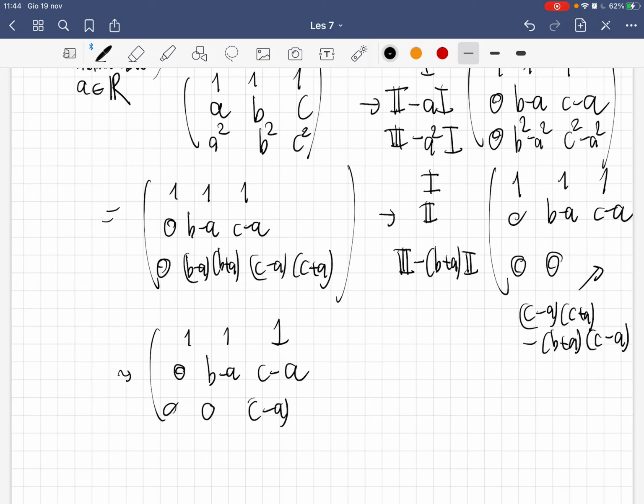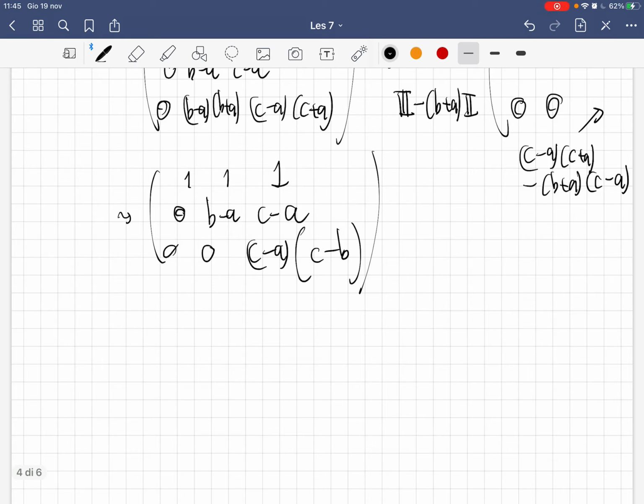So we can factor like this, C minus A times C plus A minus B minus A. So this is, if you want, C minus B. And so we are almost there, actually.